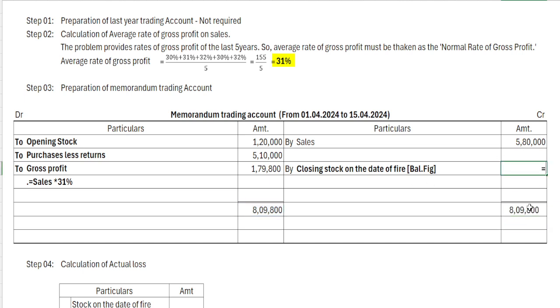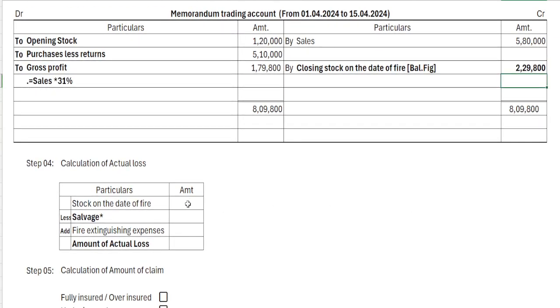Stock is equal to total minus sales. If there are any other income sources, then we have to deduct that. 2,29,800 is the stock on the date of fire.